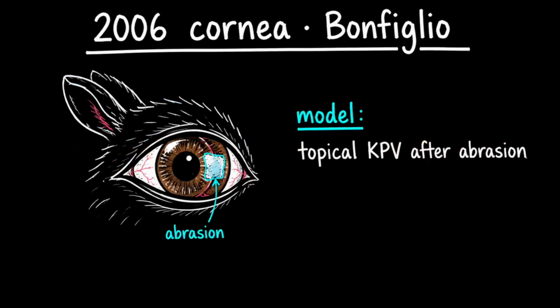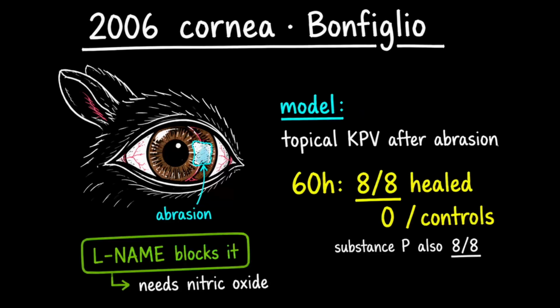The cleanest animal result here is a 2006 rabbit corneal study. The cornea just covers your eye. Researchers scraped off the corneal epithelium, and then they applied KPV topically to the healing eye. At 60 hours, all 8 KPV-treated corneas were fully re-epithelialized, so basically it healed back.